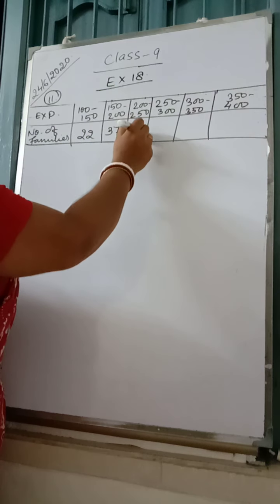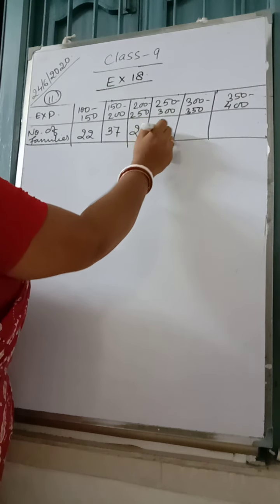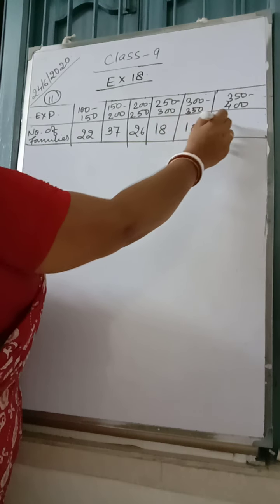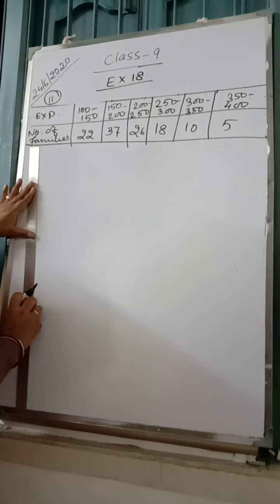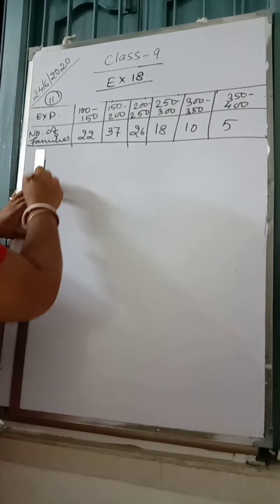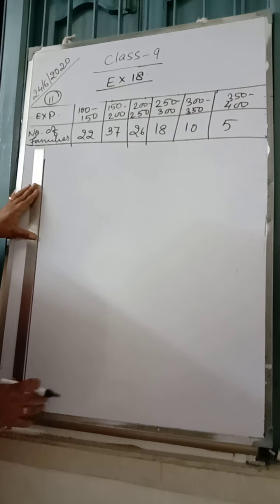37, 26, 18, 10 and 5. Now how to draw it? Similarly, we have to draw two axes. This is the y-axis.